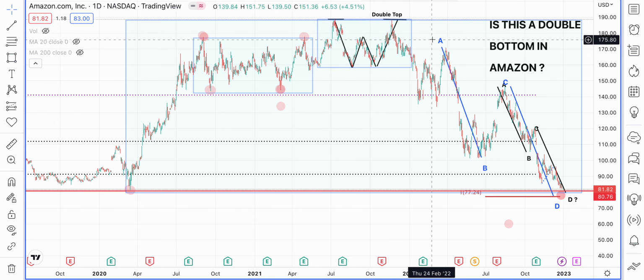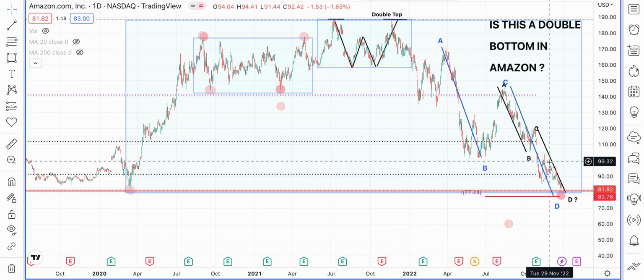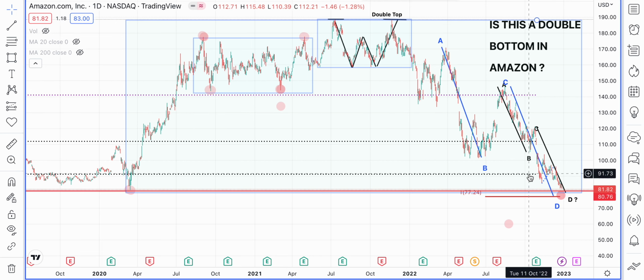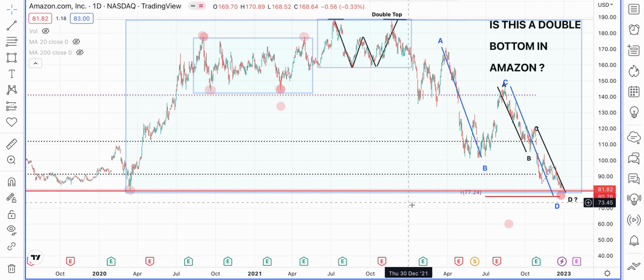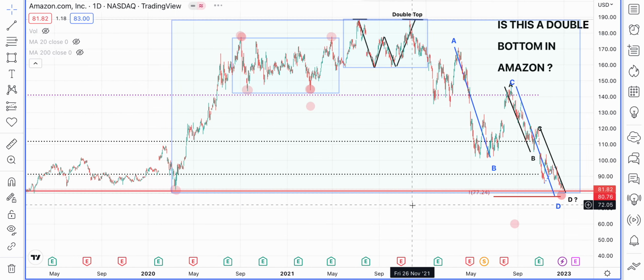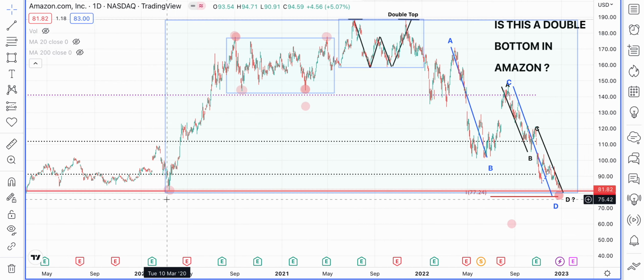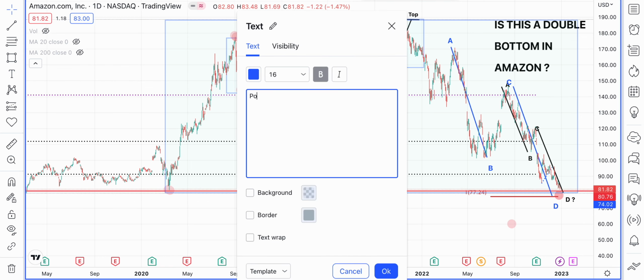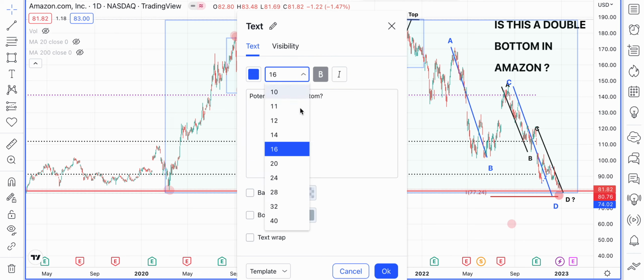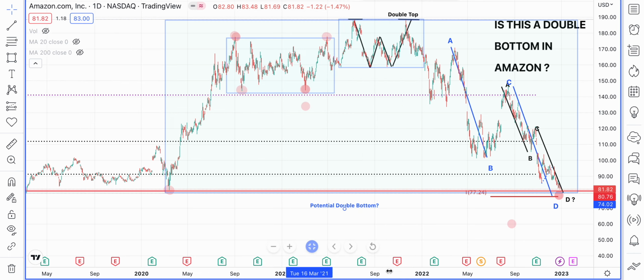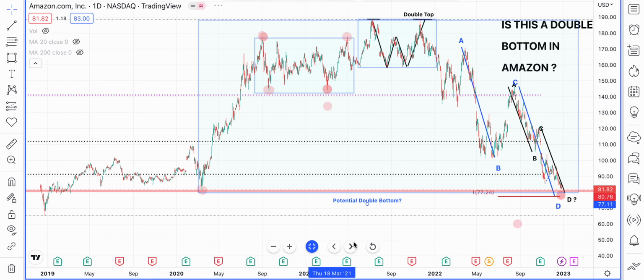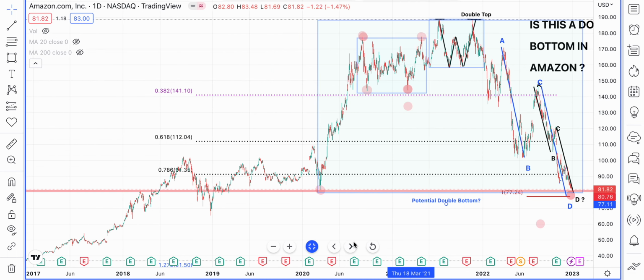So this is the bigger A, B, C, D. Within that we have a nested smaller A, B, C, D. And then what we also have going on is potentially structural support here, which could be a potential double bottom. So this is what we are going to watch over the next few trading days and see how the price is going to trade around this.